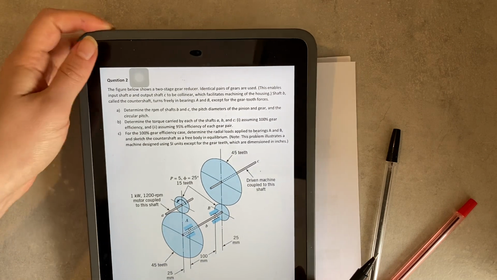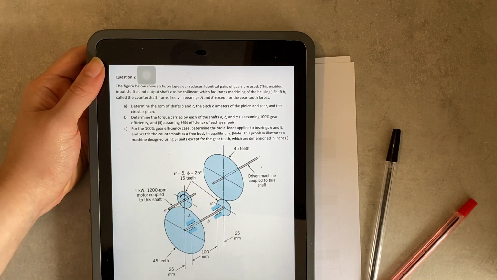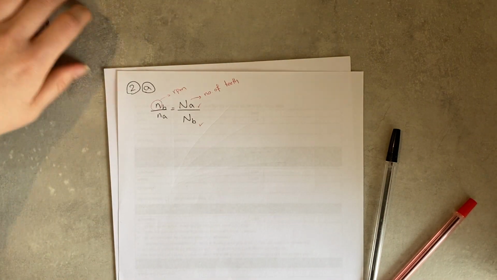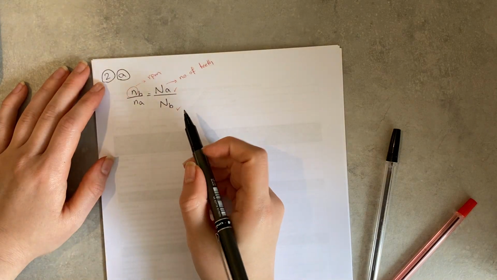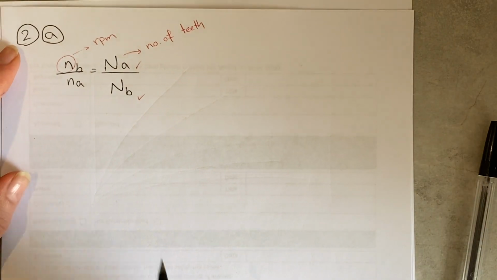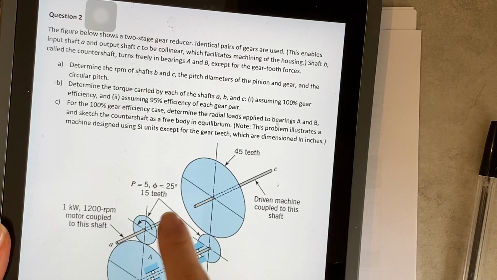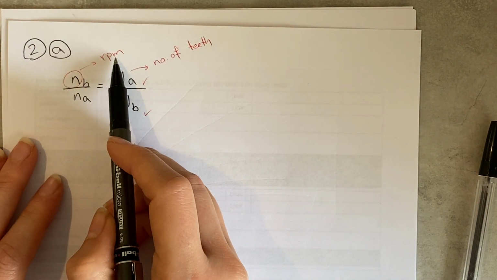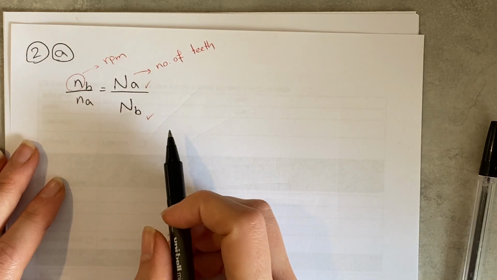Part A. We need to find the RPM of shafts B and C, the pitch diameters of the pinion and gear, and the circular pitch. All right. For the RPMs, we know we have this formula. A and B refer to the shafts, so this is A and this is B, and this n refers to RPM, and this capital N refers to number of teeth.